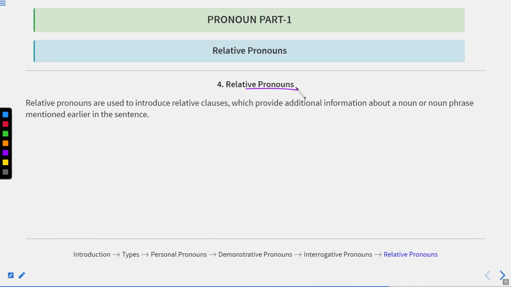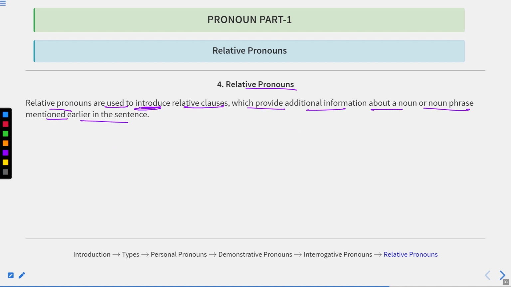Now we'll discuss relative pronouns. Relative pronouns are very, very important, and we need to learn a lot about them. Okay, relative pronouns are used to introduce relative clauses which provide additional information about a noun or noun phrase mentioned earlier in the sentence.